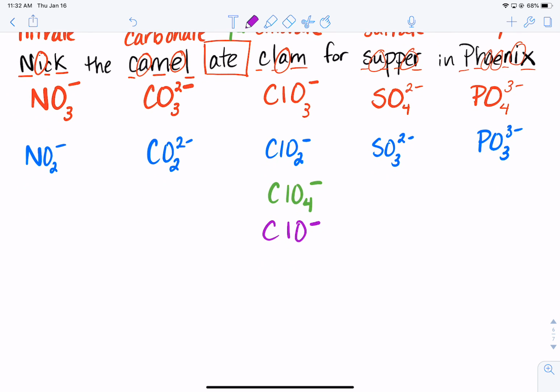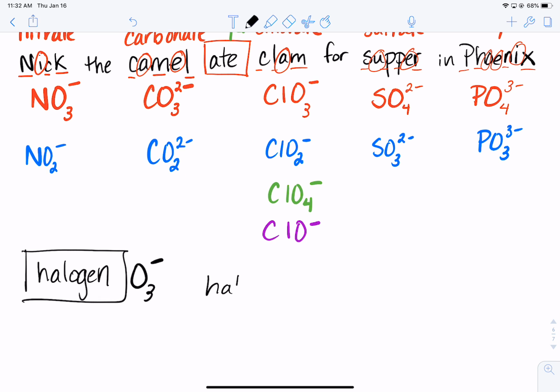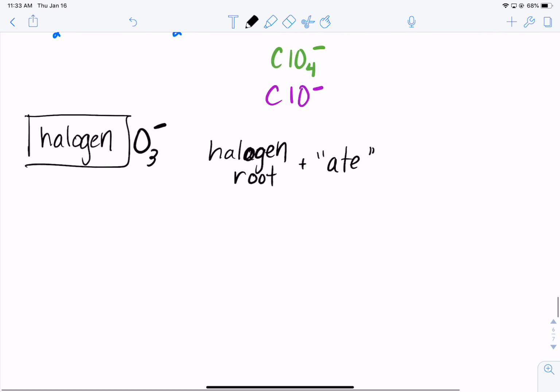All the halogens with an O3 minus are all called halogenate, like halogen root plus that ate ending.